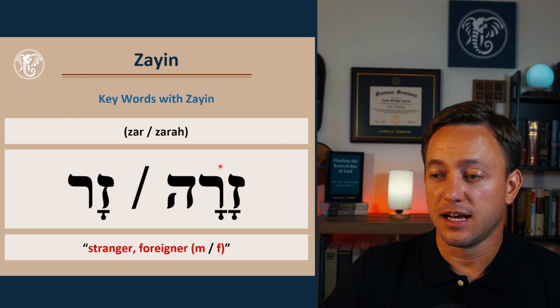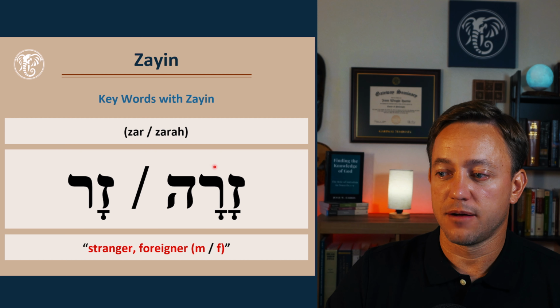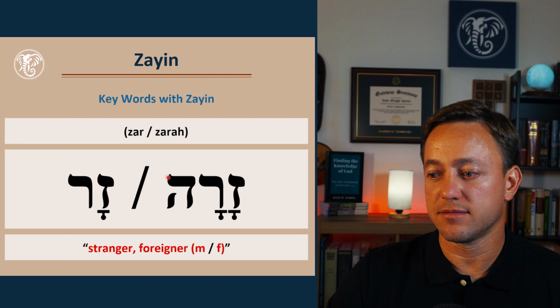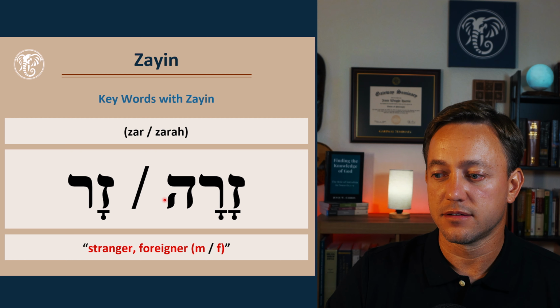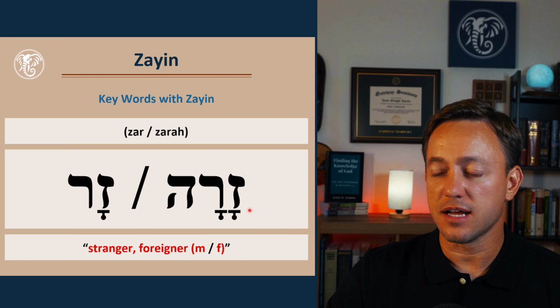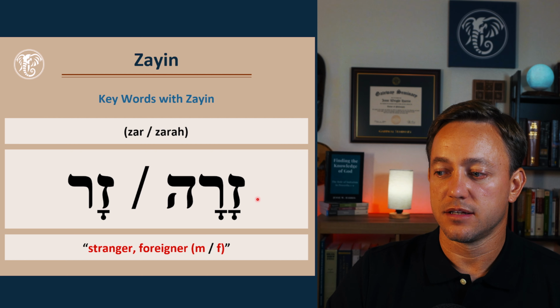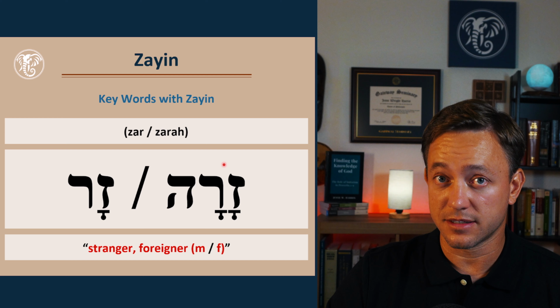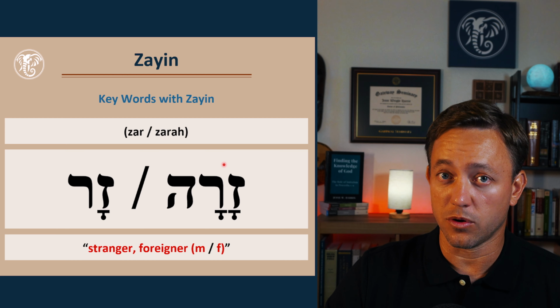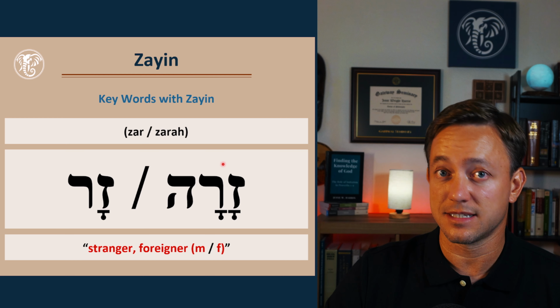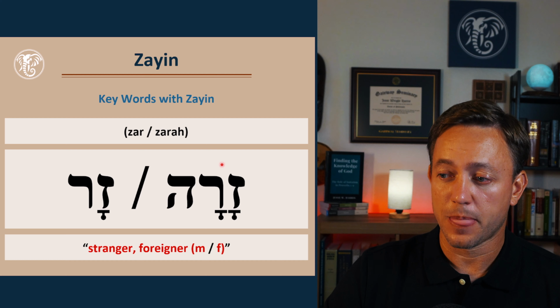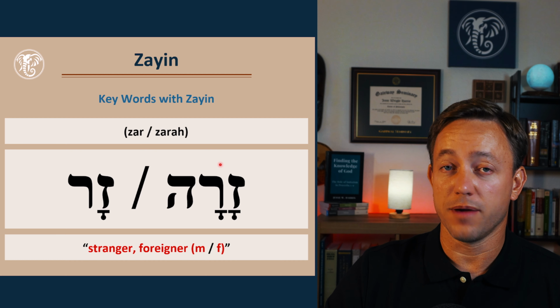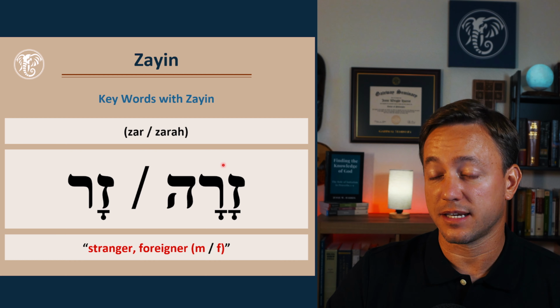This foreign woman is not so much foreign just because she is foreign, but in the sense that she's an outsider, probably outside of the covenant people, or outside of the covenant ways of the people of the Lord, people who obey the Lord, fear the Lord, walk in his ways.